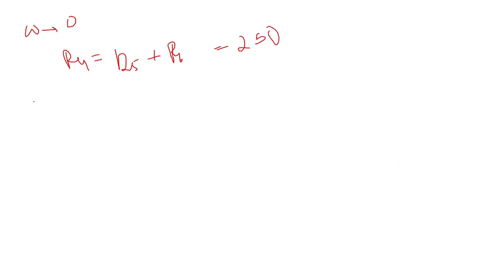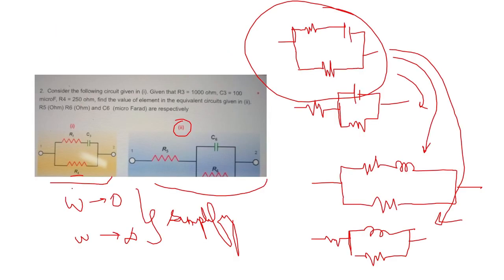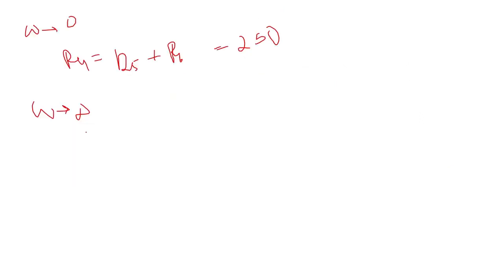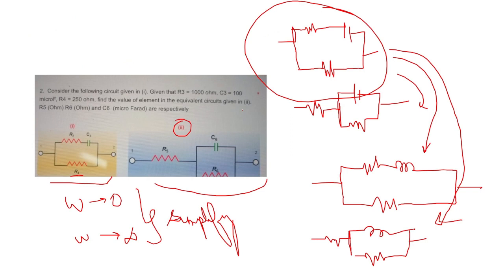Yeah, so this becomes the first equation. Now the next one is omega tends to infinity. When omega tends to infinity, 1 by j omega C offers negligible resistance. R3 and R4 are in parallel, so the net impedance over here will be R3 R4 by R4 plus R3. Now, what about the other side?